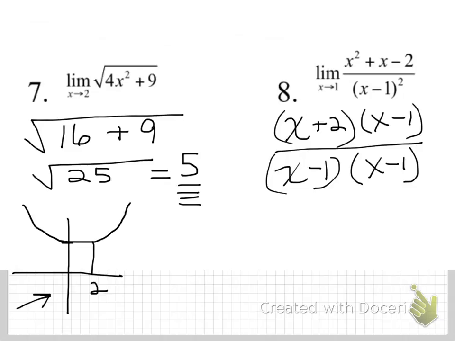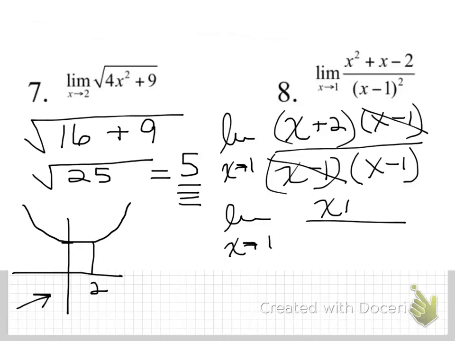So before I take the limit, I'm going to cancel this. I'm still trying to take the limit as x goes to 1. Now I'm left with this. Limit as x goes to 1, and when I cancel out that hole, I have this expression remaining.